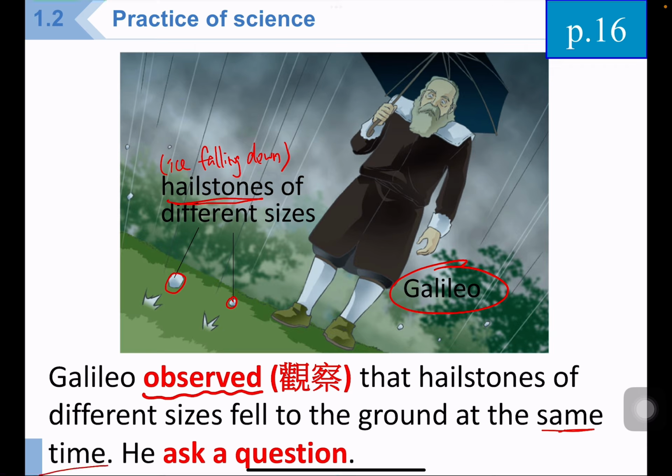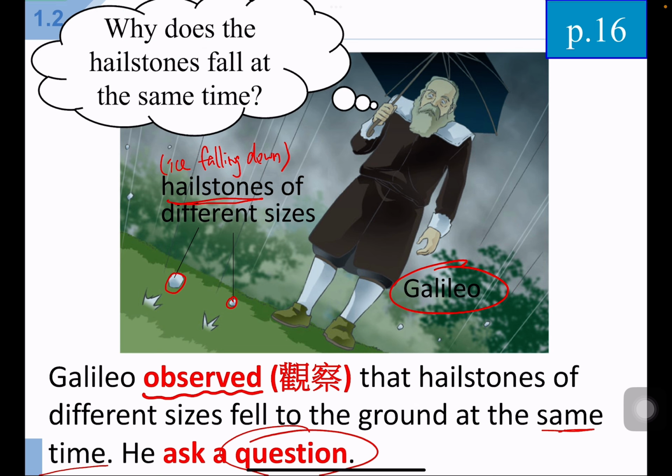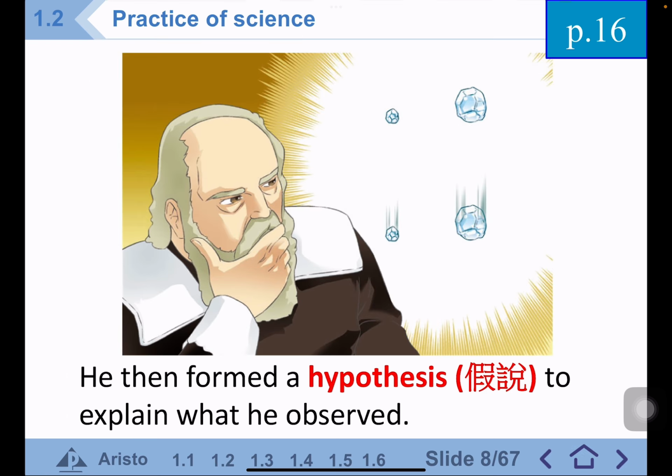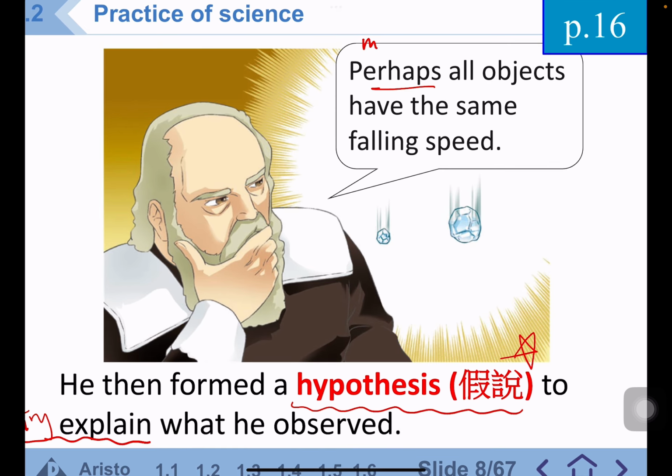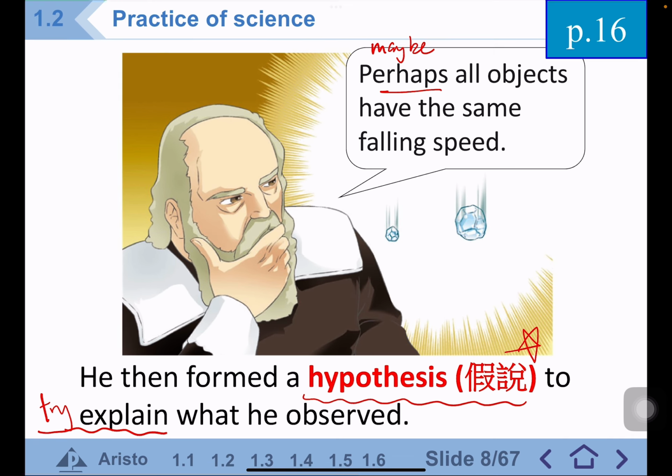So he asked a question: why does the hailstone fall at the same time? Then he formed a hypothesis. A hypothesis is when he tries to explain what he observed. For example, he says, maybe, perhaps all objects have the same falling speed.